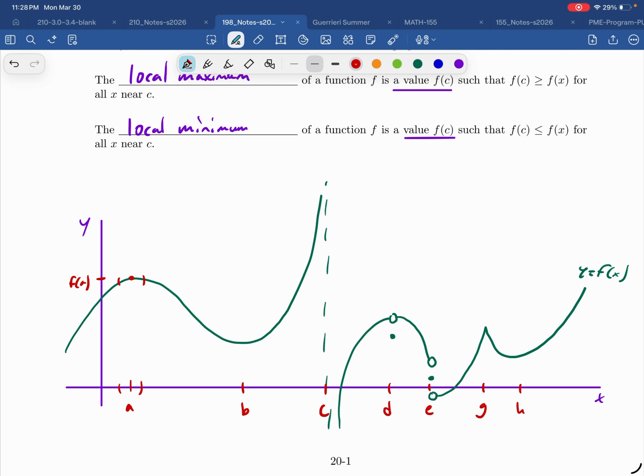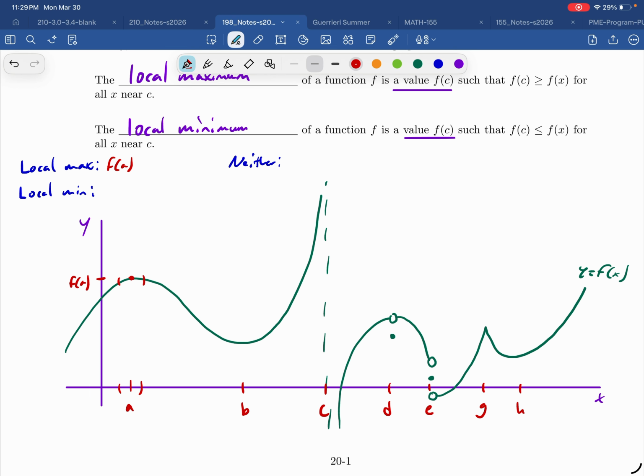So let's get a chart going on here. Here's our local max values. Local minimum values, and then over here we'll have neither. Okay, so anyway, f of a is definitely a local max.